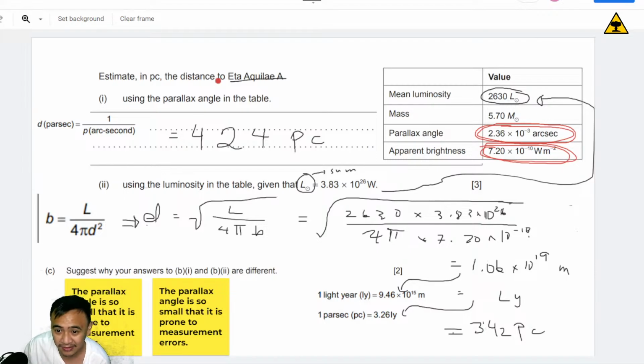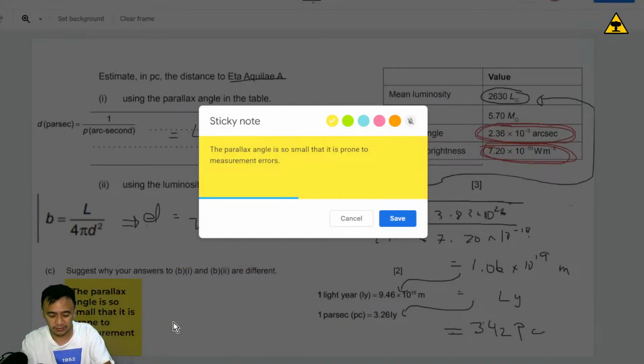Okay, so in other words, our instruments still need calibration. These values here, the luminosities, the brightnesses, the parallax angles, all of them need to be measured, right? So are they all estimates?